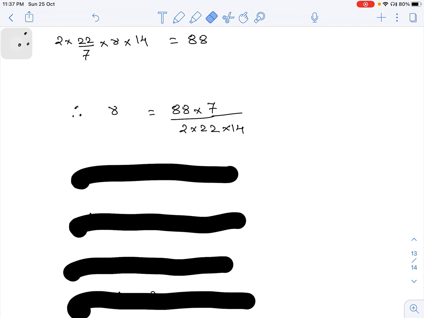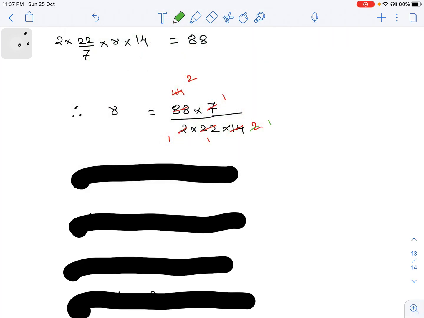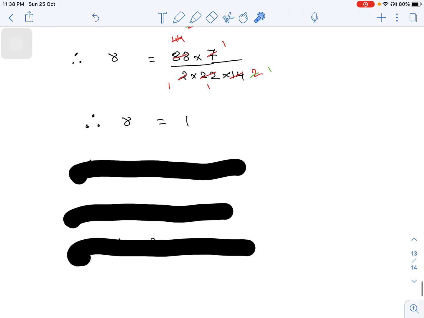Okay, now we can make some cancellation over here. 2 fours are 8, 22 fours are 88. Again we can make cancellation over here. 7 twos are 14, then finally we can write 2 ones are 2, 2 ones are 2. Okay, so after these calculations we get the value of radius. r equals 1 centimeter.